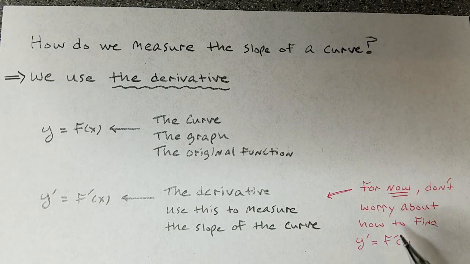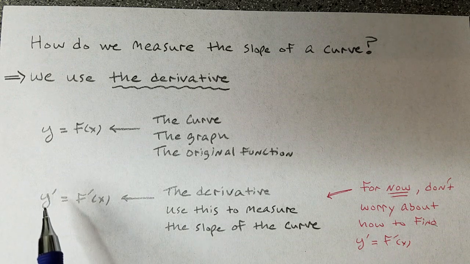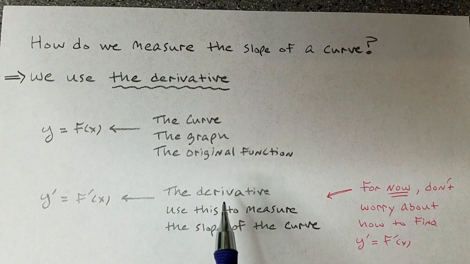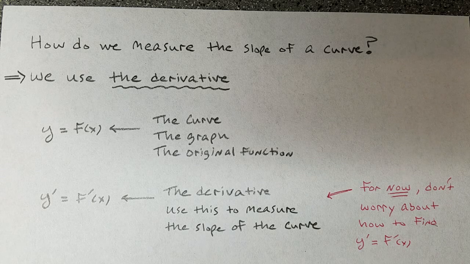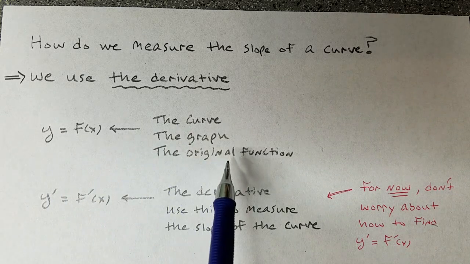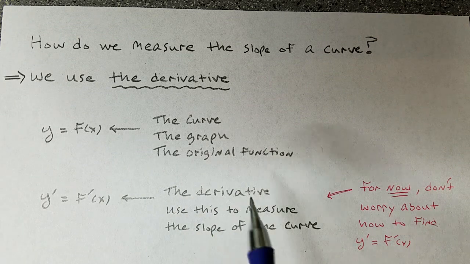One more thing about the notation. This y prime, or f prime, with an apostrophe right there, is the symbol we use for this thing called the derivative. So you get in the terminology: y or f of x is the curve, the function, whatever. Y prime or f prime is the derivative.